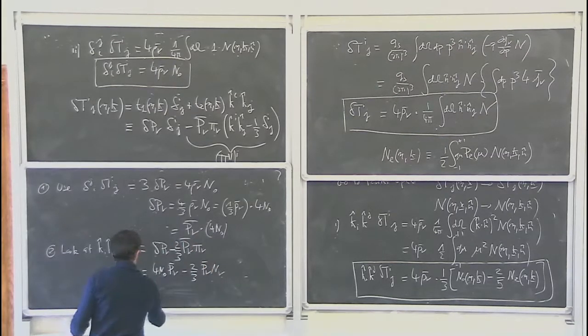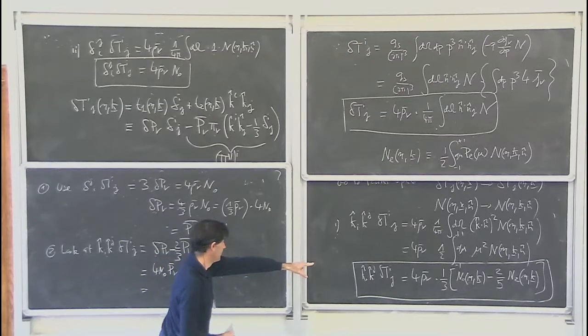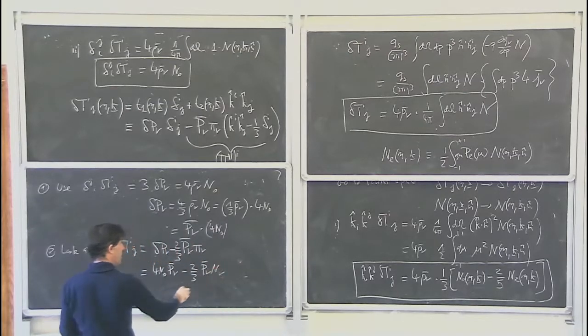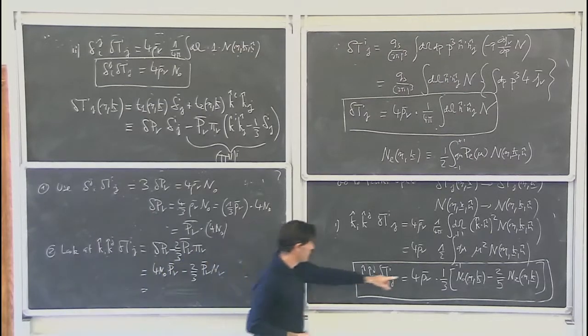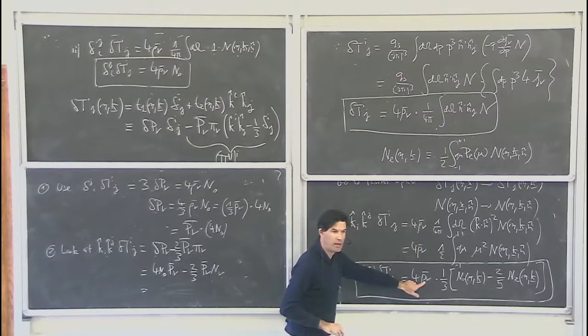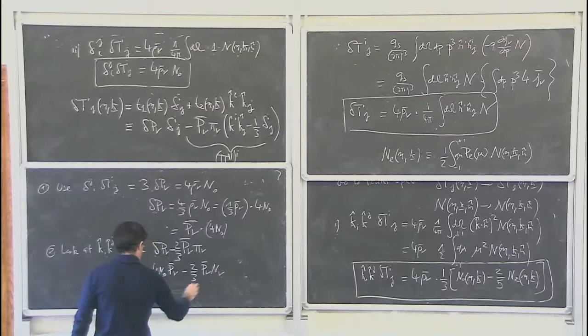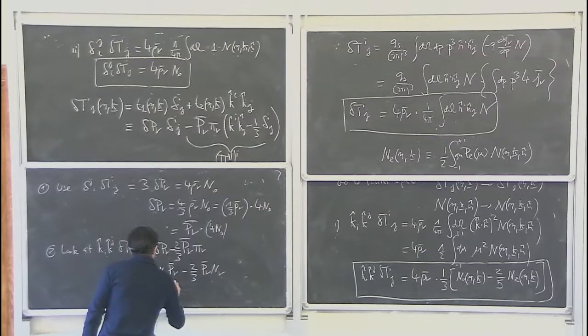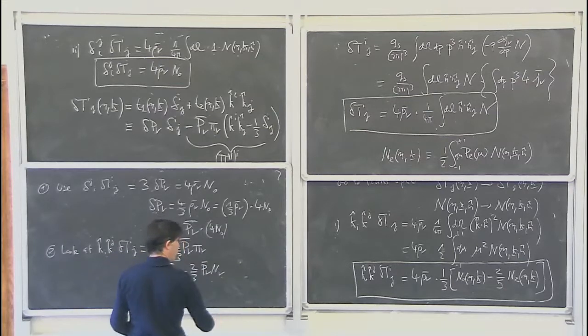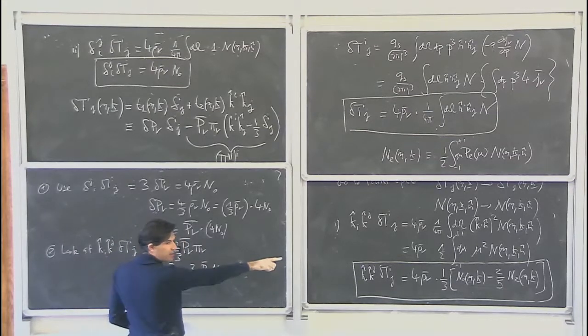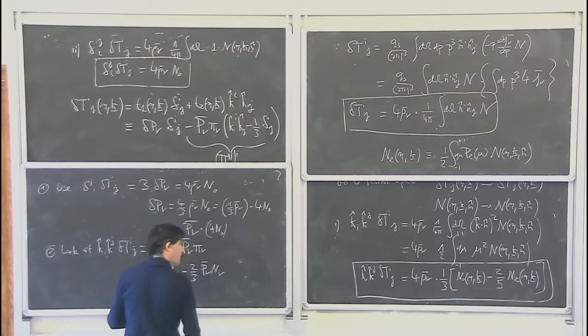And now I bring this result here, okay? So I get 1/3 of rho bar, which is obviously the P bar, okay, which is here, so that matches what I have here. And then what is left has to be equal to the second term, which is minus 4/3.